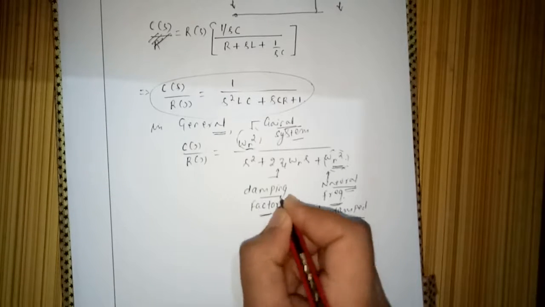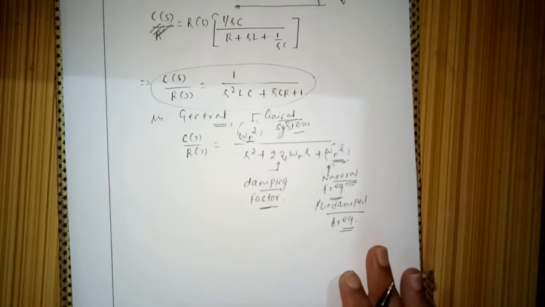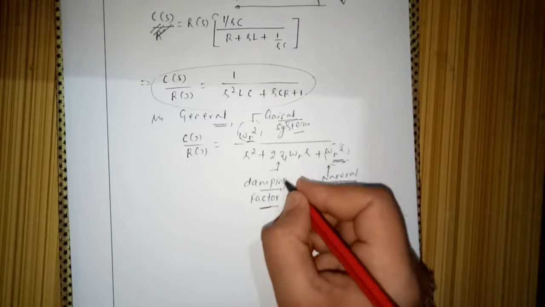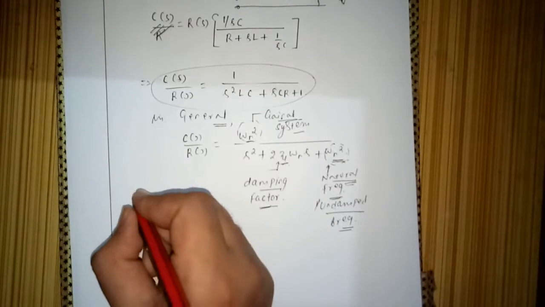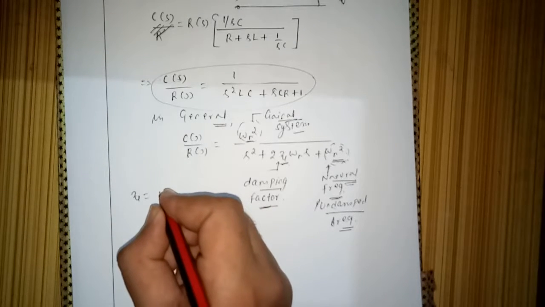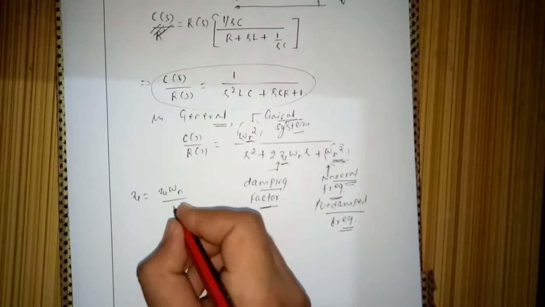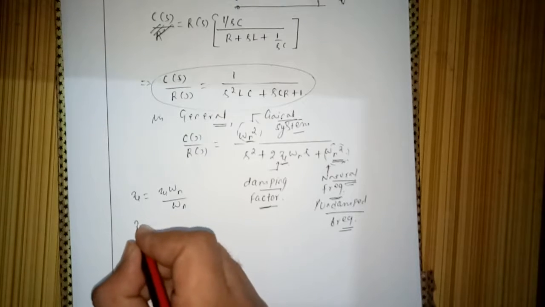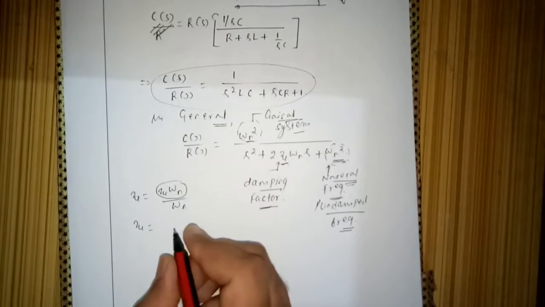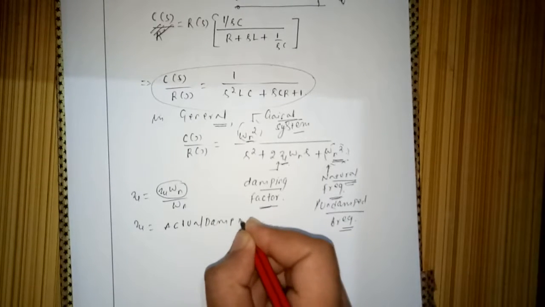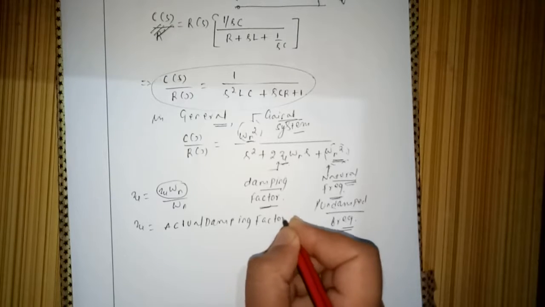Right? So if I ask what is zeta? Zeta can be defined as zeta omega n divided by omega n, right? So what is it? Zeta omega n is the actual damping factor, right?